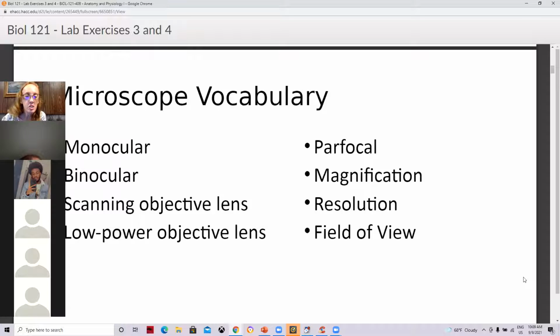What that means is that once you have an object in focus with the rough adjustment knob, focus knob, and the fine focus knob at the lowest magnification, so your scanning objective, when you switch up to a higher magnification lens, your specimen should still be mostly in focus.